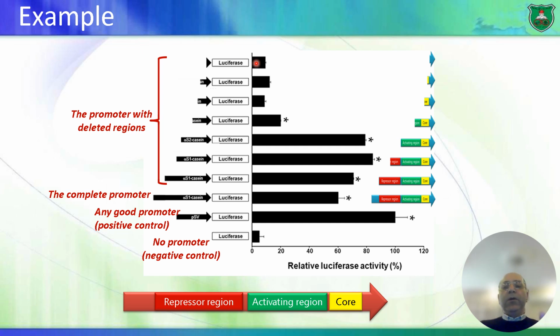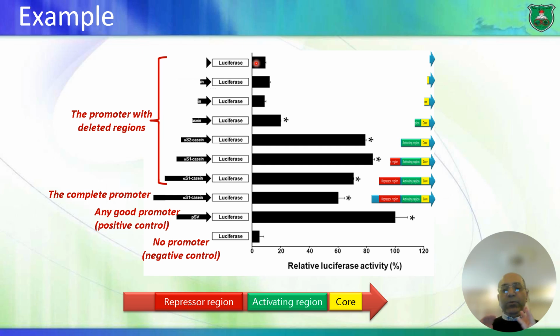So here we have an experiment where we want to identify the function of different promoter regions, different pieces of a whole promoter, whether the sequence represses, inhibits protein expression, or activates protein expression, or if it is essential for gene expression, that is the core promoter.